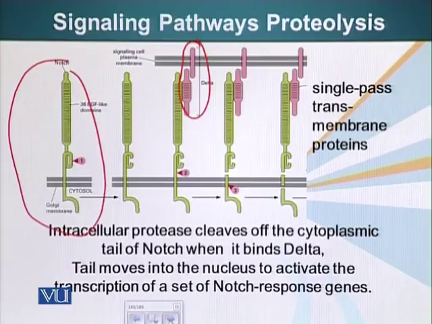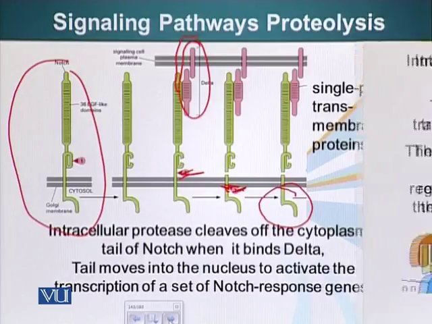The first one is when it is being matured in the Golgi apparatus, and the last 2 cleavages of Notch depend upon its interaction with Delta. So the third cleavage, which is right here, when this happens, a piece of Notch dislocates, it moves from the cytoplasm and it goes to the nucleus.